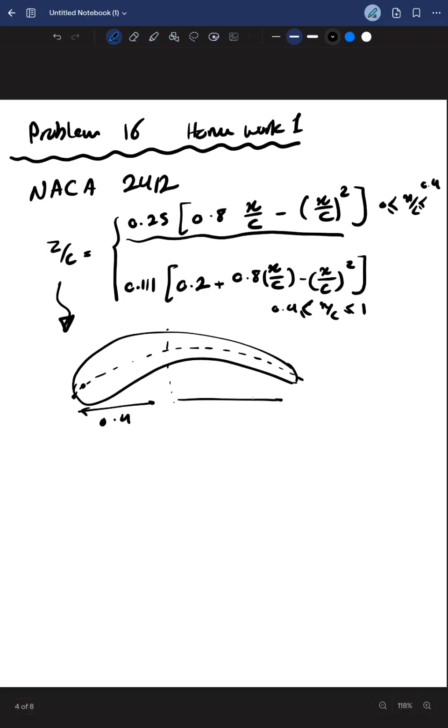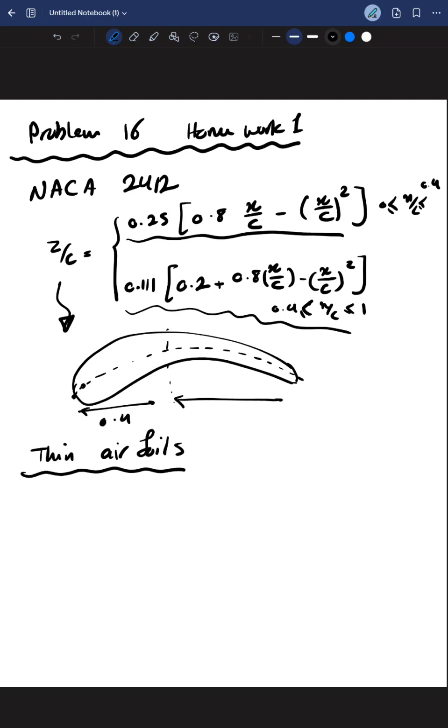And for the rest of it, we have the second equation. The reason we use the mean camber line is because we are dealing with thin airfoils. So essentially, the airfoil is the camber line, right?